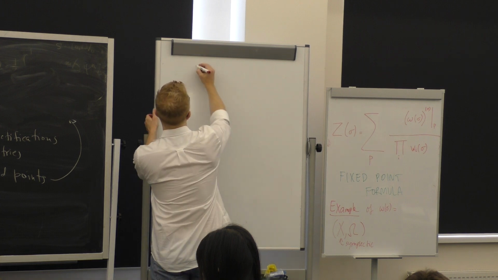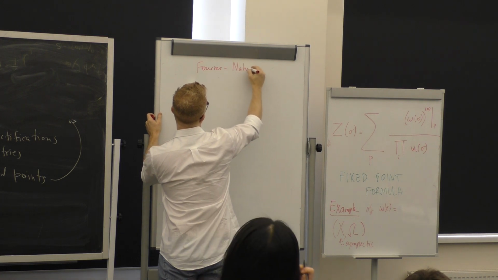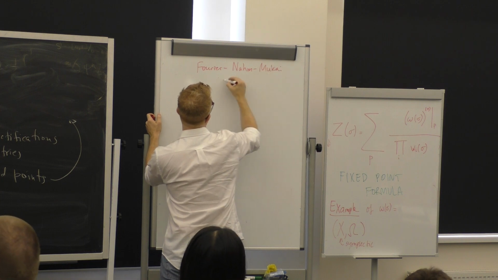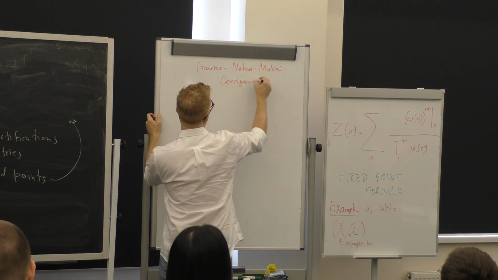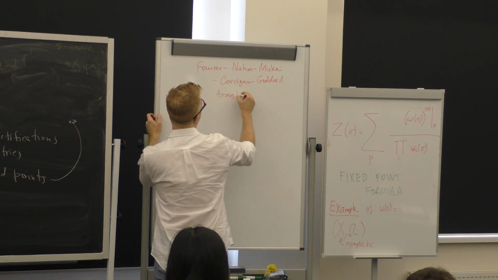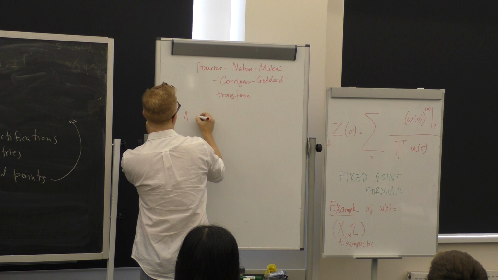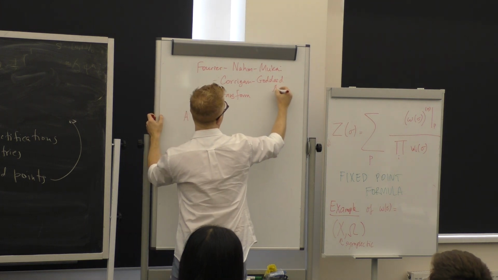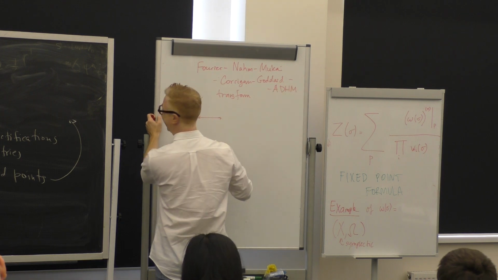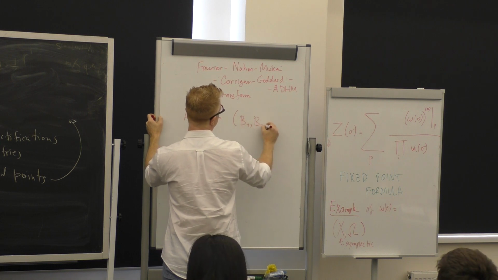So there is a Fourier-Nahm-Mukai-Corrigan-Goddard transform, and also, of course, Atiyah, Hitchin, Drinfeld, Manin. It maps solutions to the linear algebra data.